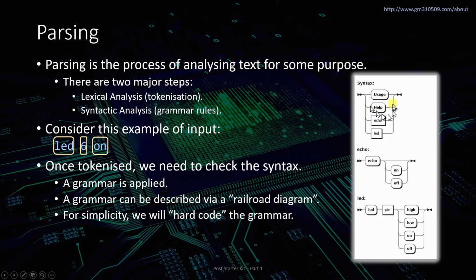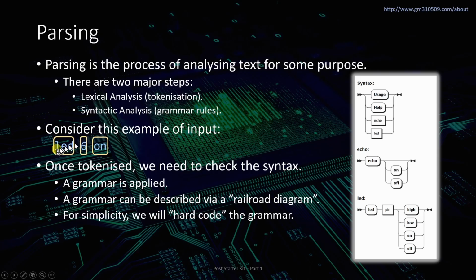So here's the examples. There's usage and help, which I've used a few times. They're fairly easy to process. You just look at the one word. But then there's a couple of structures, echo and LED, and they're defined down here below the diagram. We can type echo with nothing, or we can type echo with options on or off, and then there's LED pin and high, low, on or off. There's no options other than the choice of that last word. And so that's what we'll do.